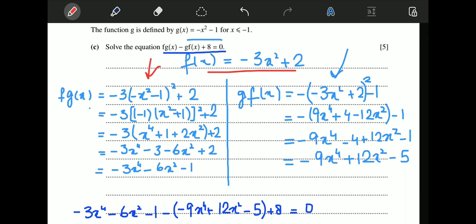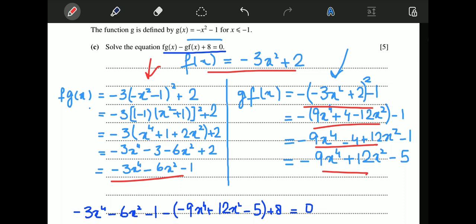A plus b, you can either take minus 1 common and then solve it, or you can just simply treat minus x squared as a and minus 1 as b, and then solve it by expanding it by using the formula. Okay, so you'll get this expression, and by solving out this side you'll get this simplification and this expression.